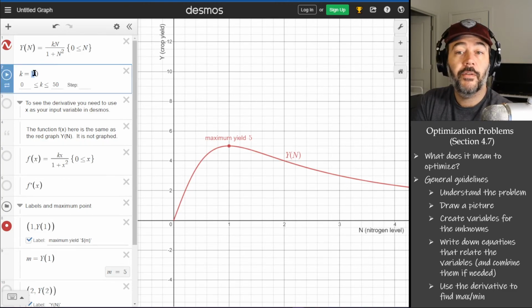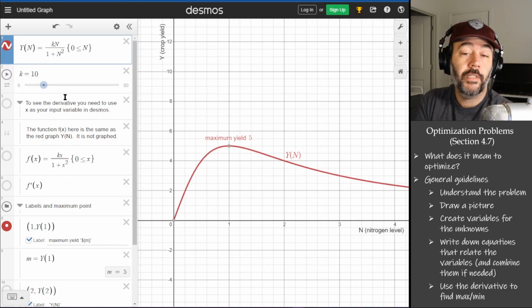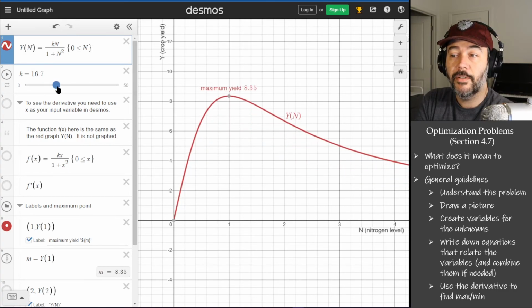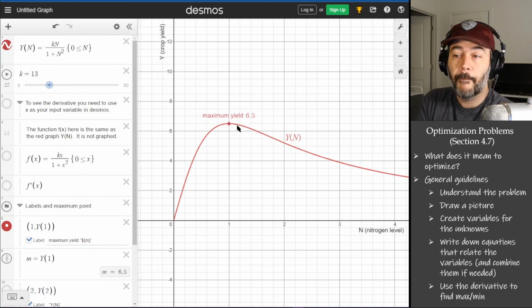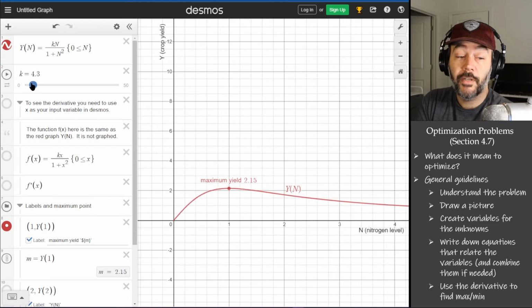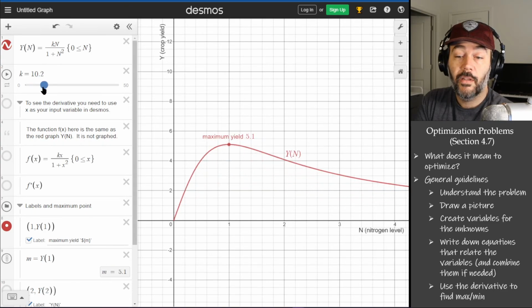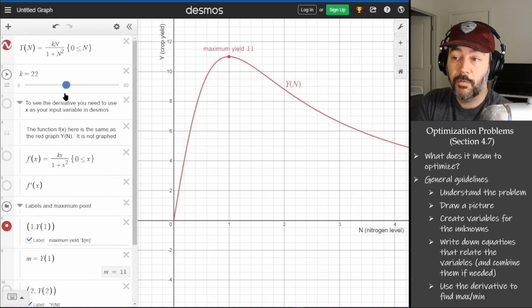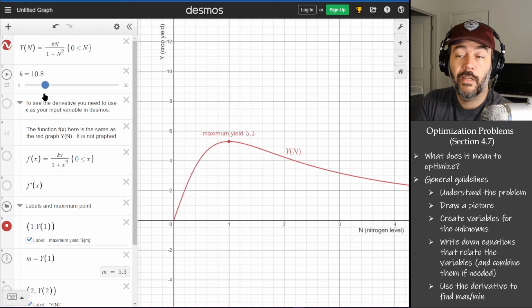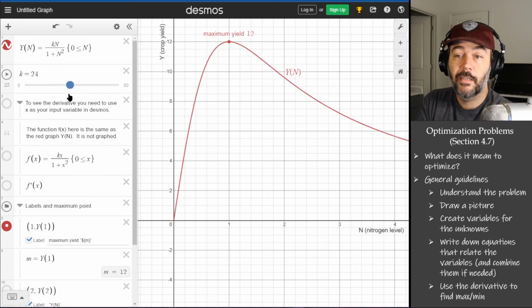The k value I've put as a slider so we can change k. And you notice that as I increase or decrease k, that max point is always on this line, n equals 1. So regardless of this other constant k, the max value is always at n equals 1, and all k does is change the shape of the graph, make it taller or shorter.